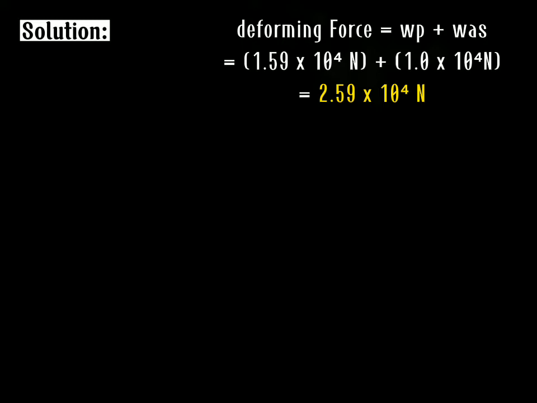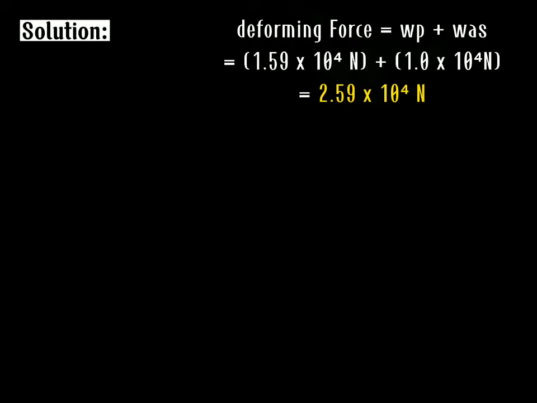The weight of the pillar segment is 1.59 times 10 to the power of 4 Newton plus the weight of the sculpture, 1.0 times 10 to the power of 4 Newton. We will add both of them, which is equal to 2.59 times 10 to the power of 4 Newton.